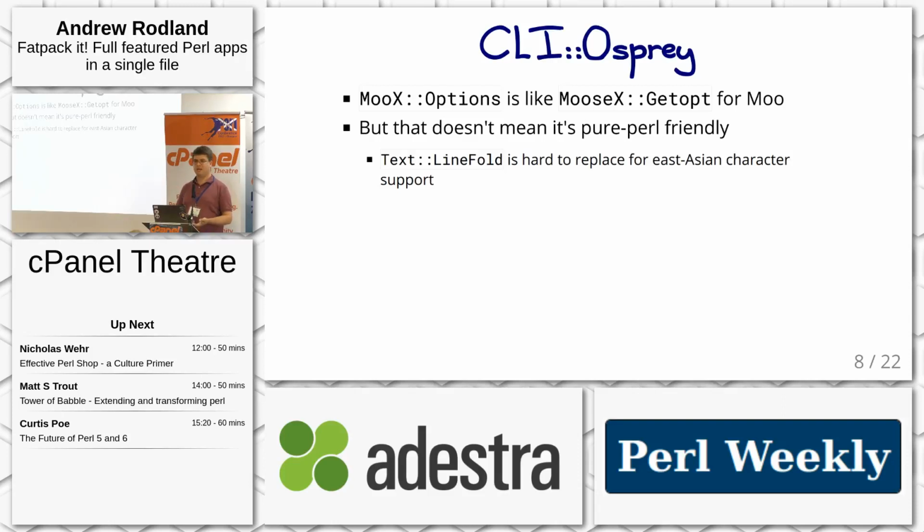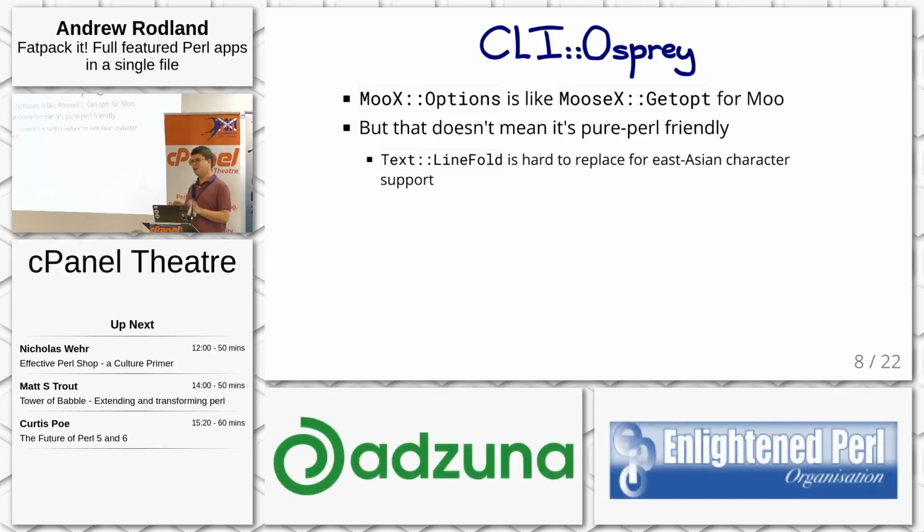And you would think because of that, it's going to be pure Perl supporting. Actually, no. It turns out that MooX Options wants to format help text nicely. It wants to line wrap correctly, even if you're using Chinese, Japanese, etc., which requires the ICU Unicode library, which requires XS. There's no pure Perl alternative to that. So if you want to use MooX Options, no, you can't Fatpack.